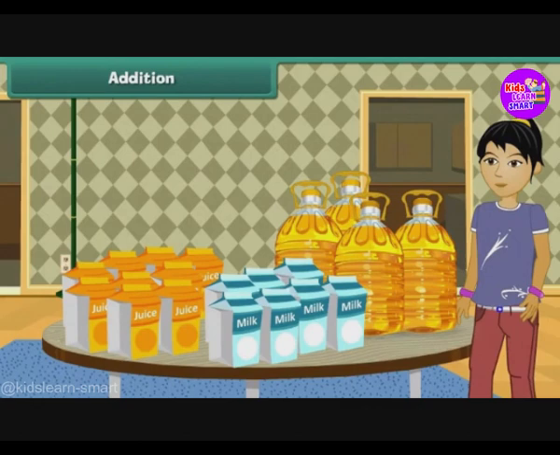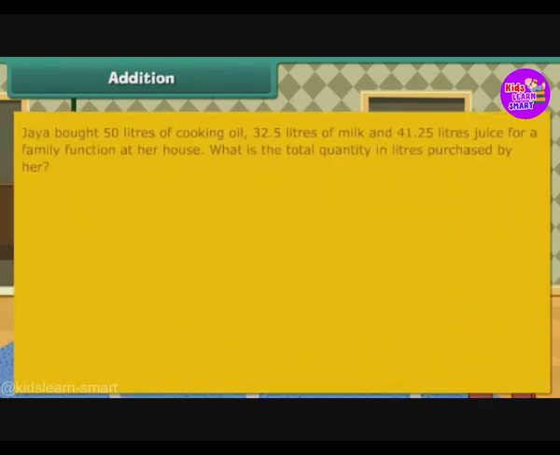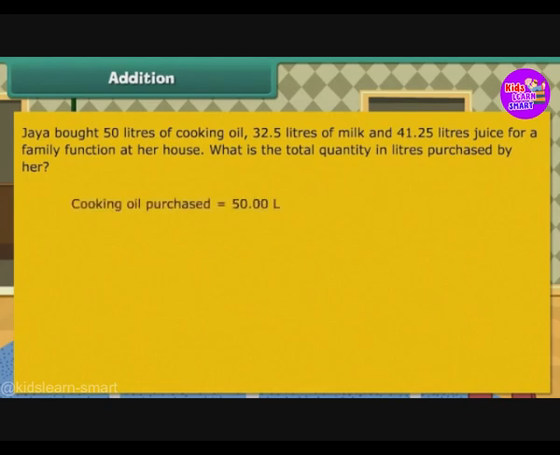Addition. Jaya bought 50 liters of cooking oil, 32.5 liters of milk and 41.25 liters of juice for a family function at her house. What is the total quantity in liters purchased by her? Cooking oil purchased is 50 liters.